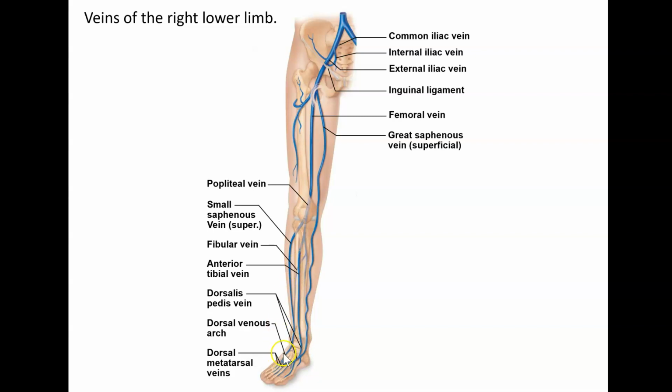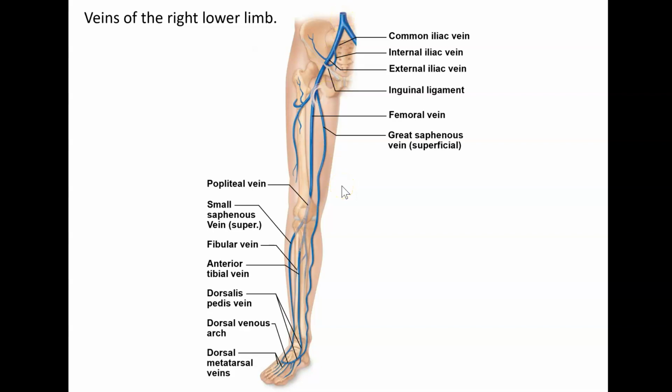We can also drain into the posterior tibial vein, which isn't pictured too well here, but a little faded in the back, but that can continue on up, and those two meet at the popliteal vein, which carries it into the femoral vein, which carries it up to the external iliac vein, carrying it back to the common iliac vein and into the inferior vena cava.